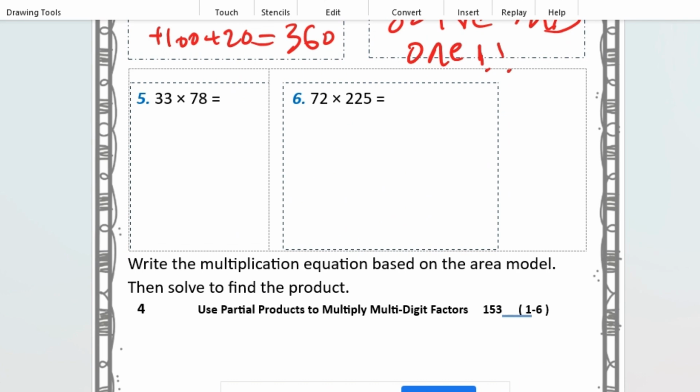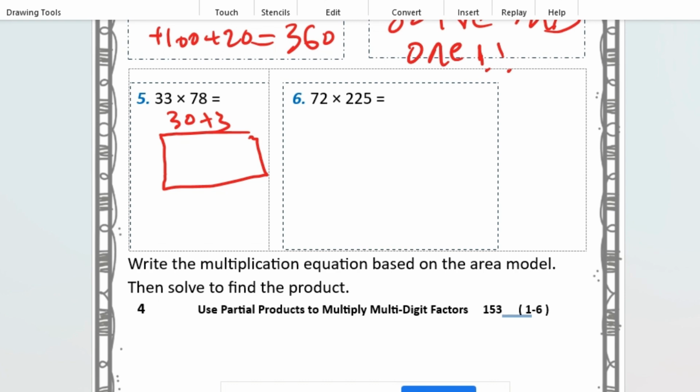Now this says also to use the place value, so I'm just going to solve the first one only. 33 by place value will be 30 plus 3.